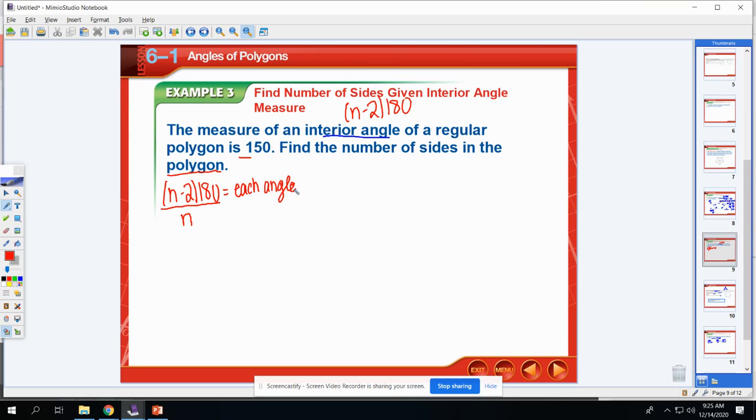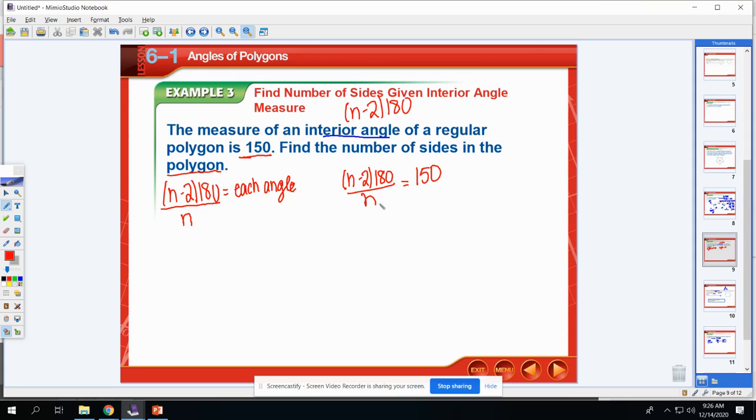Well, we know what each angle is, right? We know, based on what we've been given, that each angle is 150. So we're going to rewrite this formula. We're going to say n minus 2 times 180 divided by n is equal to 150.